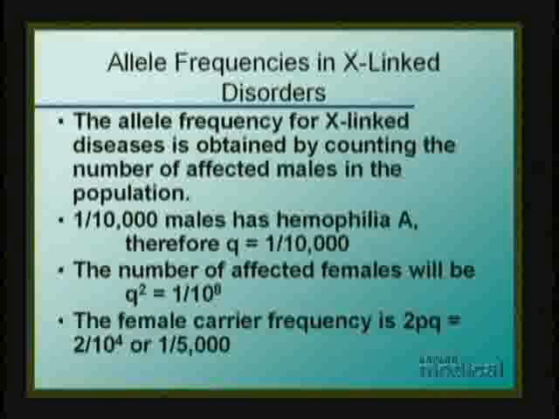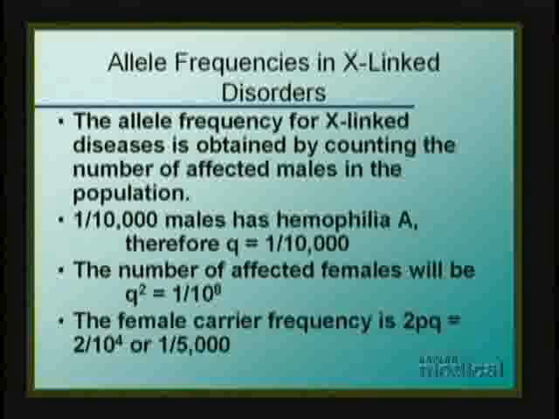However, with the X chromosomes, only females have 2 copies of the X chromosome, so we can apply the Hardy-Weinberg equation to females for X-linked diseases, but we cannot apply this equation completely to males, since males only have 1 X chromosome.